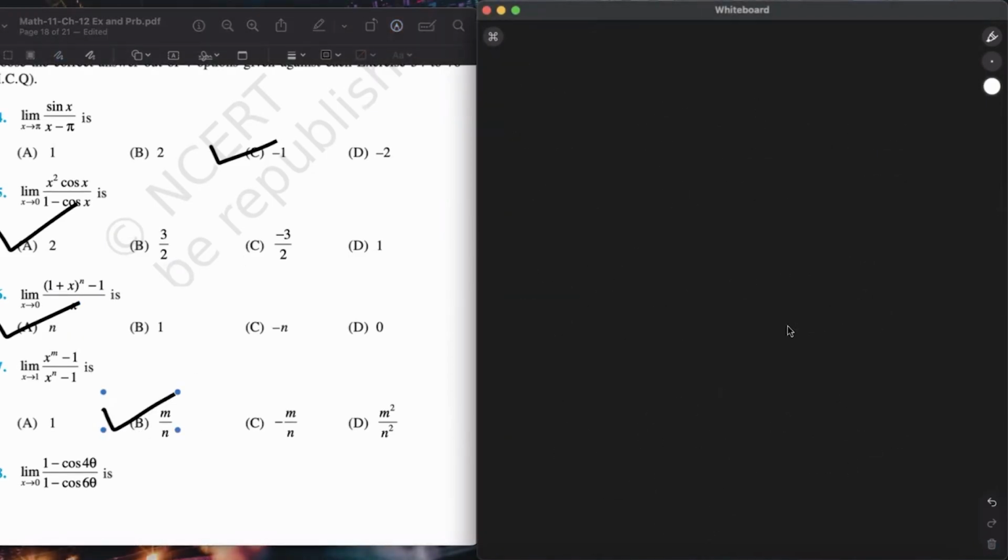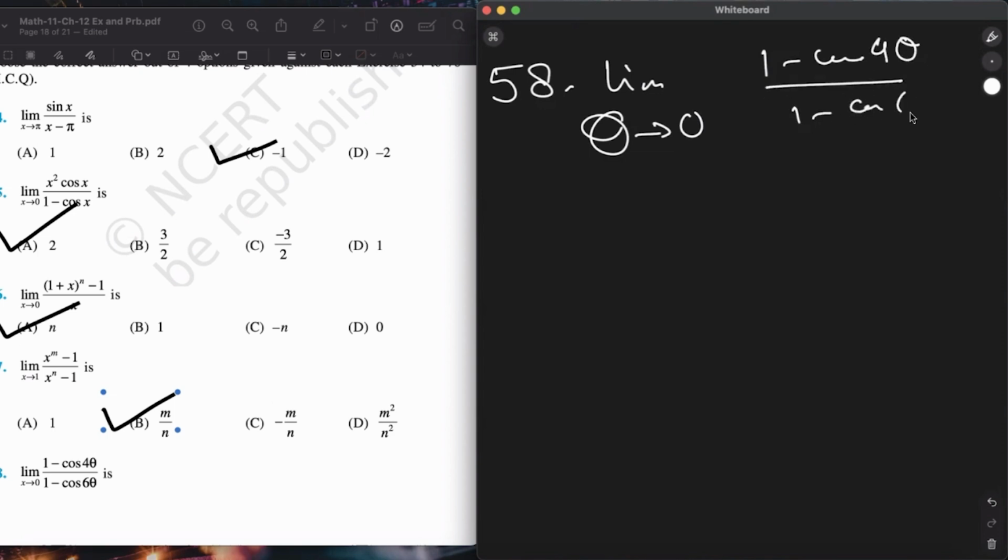Next up we have question number 58. Limit, we have a theta here, x should not be here, there should be a theta. Theta tends to 0, 1 minus cos 4 theta over 1 minus cos 6 theta.